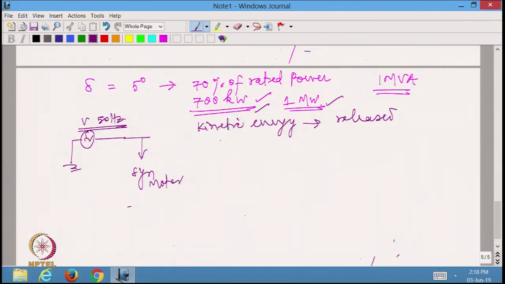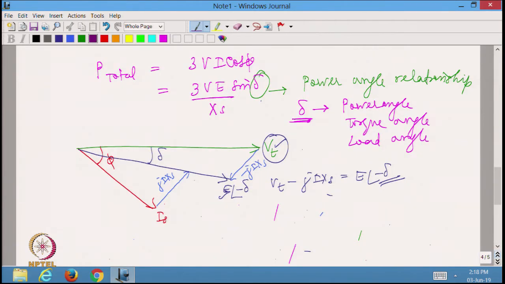When this is released, speed is going to decrease. So, omega m, the mechanical speed, is going to decrease. Because the speed decreases, please look at the phasor diagram. This corresponds to the rotor, whereas this corresponds to the stator.